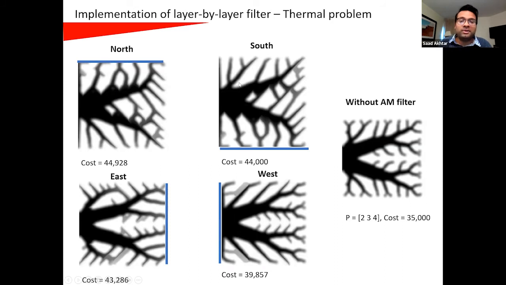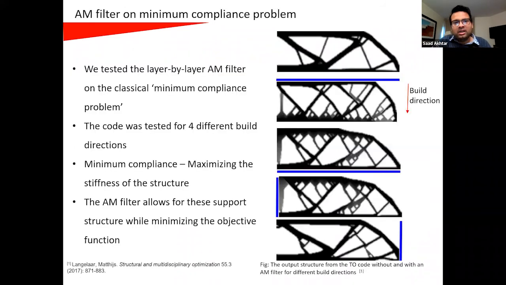So there is a cost to making your solution manufacturable, right? The ideal optimal solution would be without any filter, just what I've shown on the right, with a 35,000 cost function, and the cost function increases once you add this constraint, which is pretty understandable.